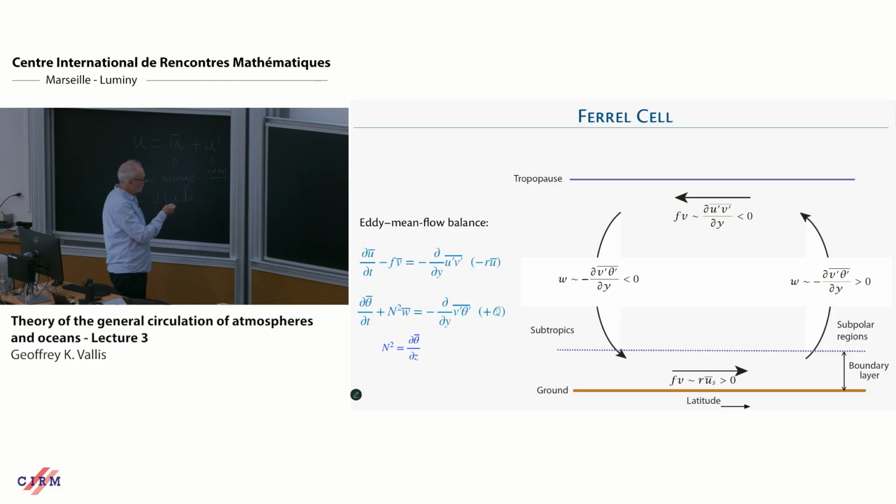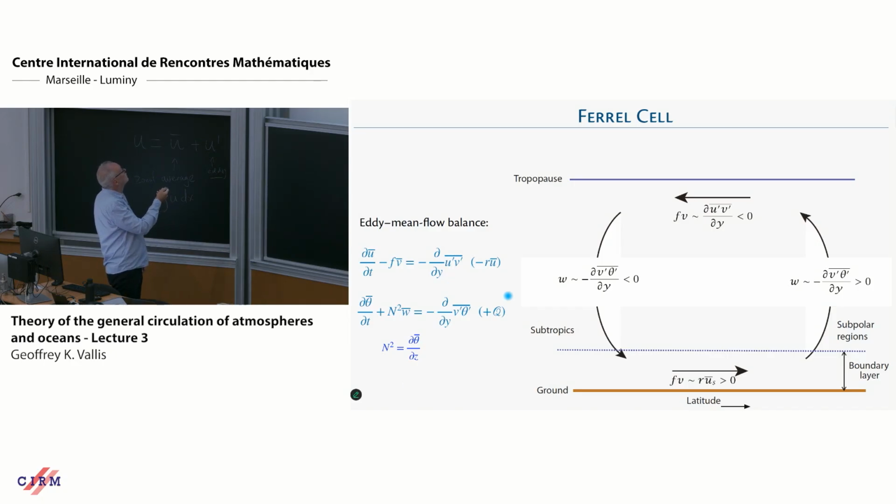Okay, and if you look at the momentum equation, I've left out a few terms here, but the dominant balance, there's the acceleration, the Coriolis term, and d by dy of u prime v prime, which is an advection term, but it's an advection that involves the eddies.